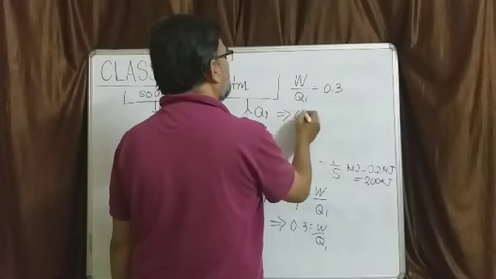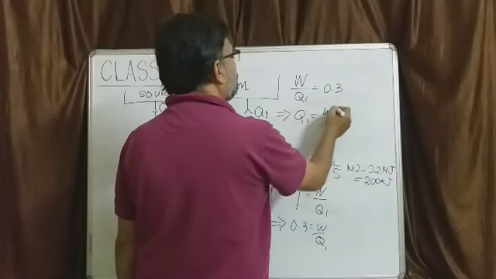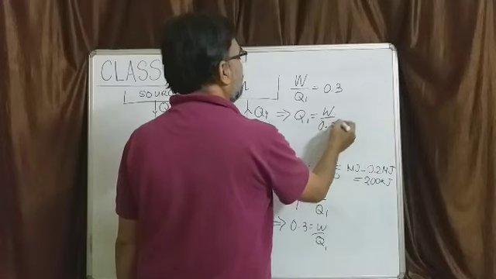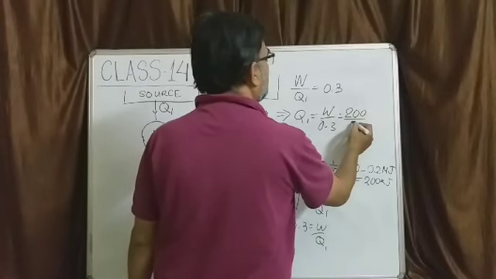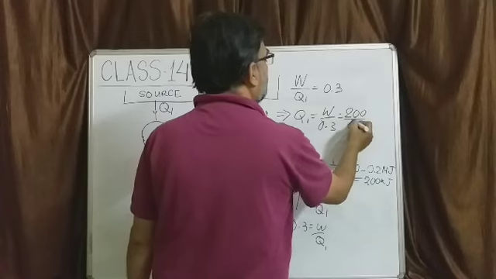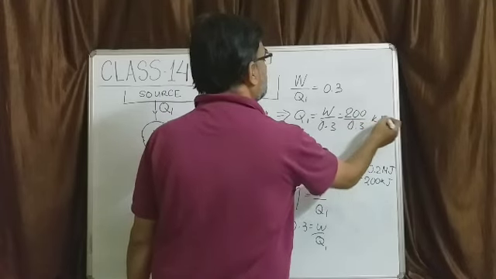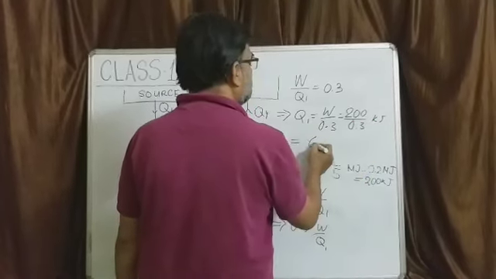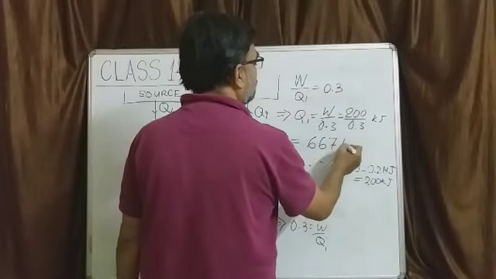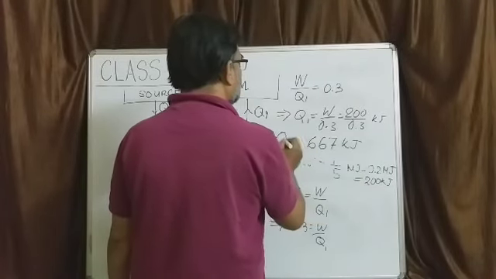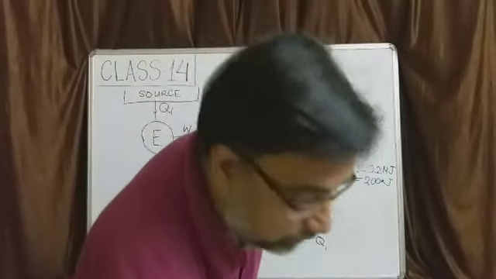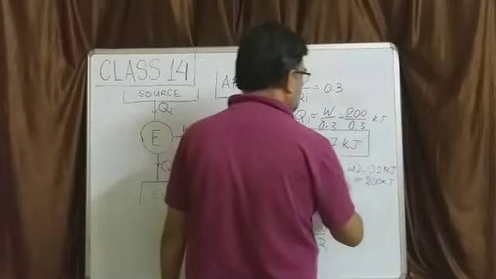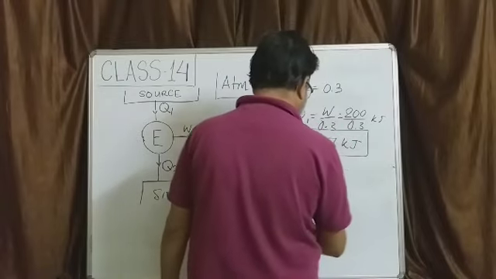So Q1 is equal to W by 0.3, and W is 200 by 0.3 kilojoules, and that is equal to 667 kilojoules. So Q1 is equal to 666.6 or 667 kilojoules approximately.